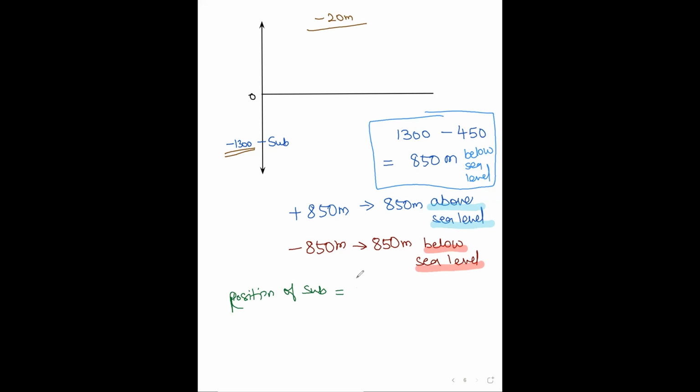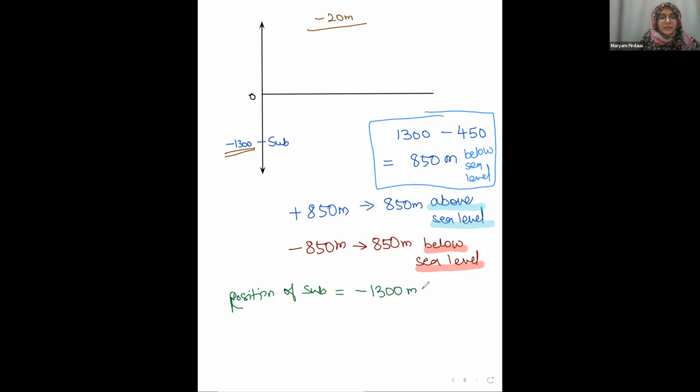The starting position. 1300. Is it positive 1300 or negative 1300? A submarine is positioned 1300 meters below sea level. So now tell me, below. Yes. So it is negative 1300 meters. That is the position.